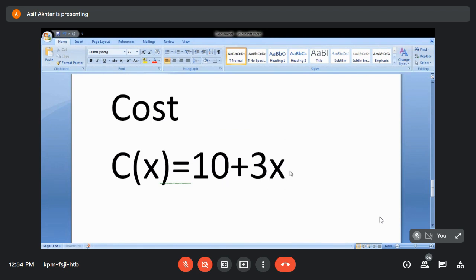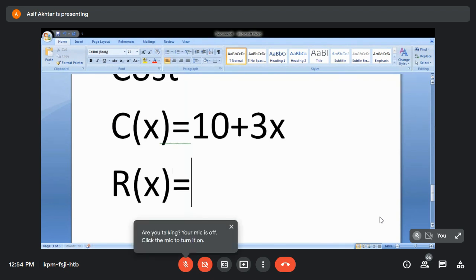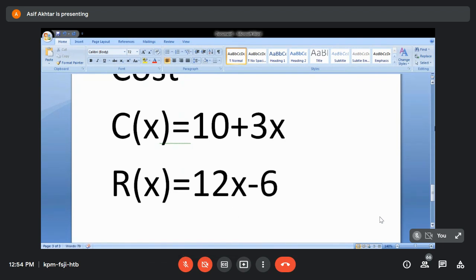Similarly, this is the revenue function R(x) = 12x - 6. Change the expression to 12x - 6, but the meaning remains the same. What is the coefficient? 12. What is the constant? Minus 6.